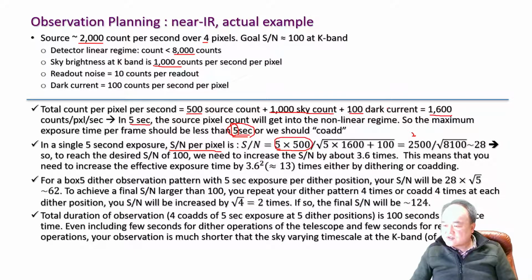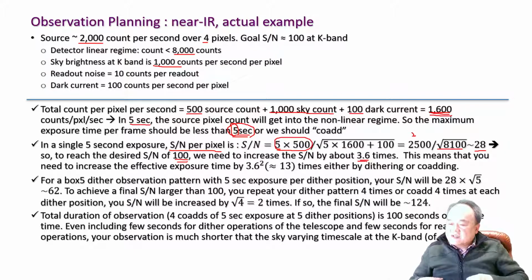The noise comes from the 1,600 counts for the counting plus the dark current, so the total noise is the square root of 8,100. So for the 5 second frame time, the per pixel signal to noise ratio is 28. To achieve the desired signal to noise ratio of 100 per pixel, you need to increase the signal to noise ratio by 3.6 times.